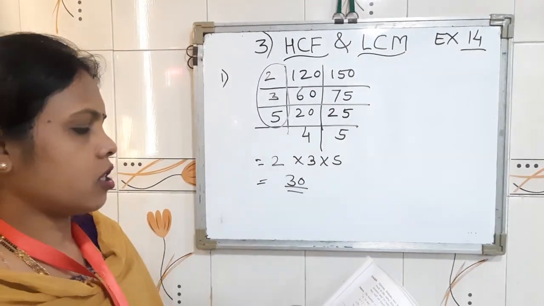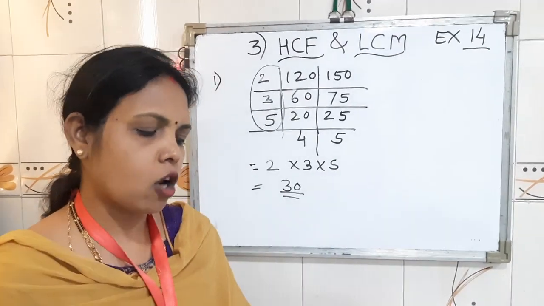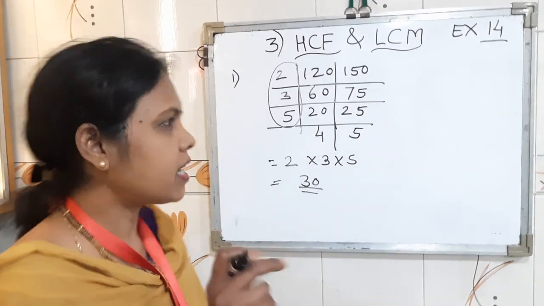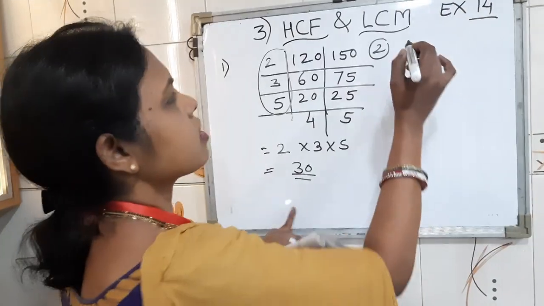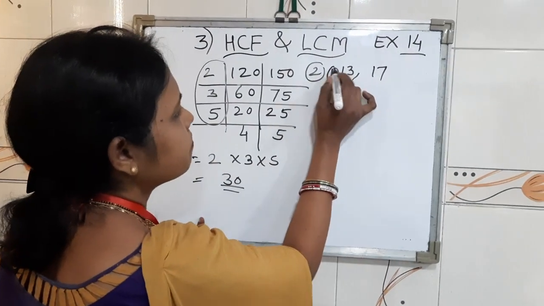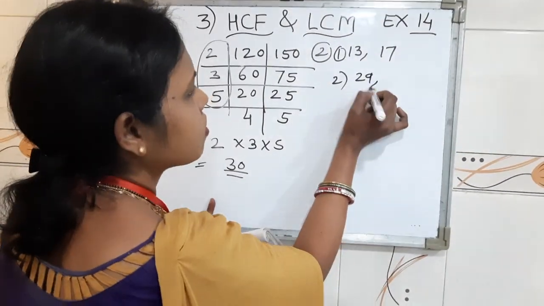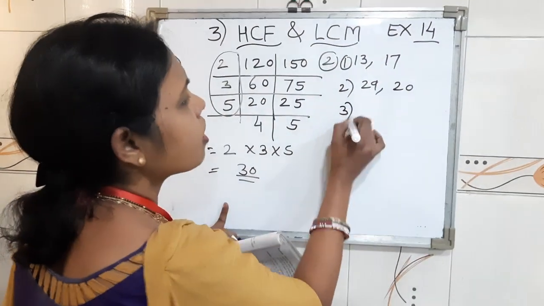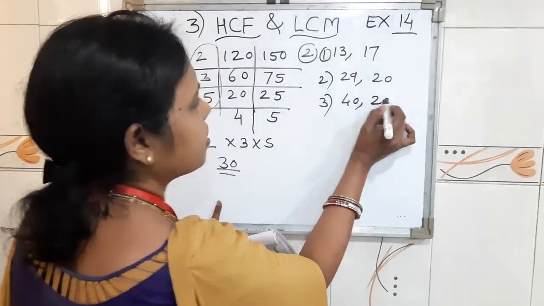Now the second question. The HCF of this pair of numbers is not 1. Some pairs are given. For example, the first pair is 13, 17. Second one 29, 20. Third one 40, 20.